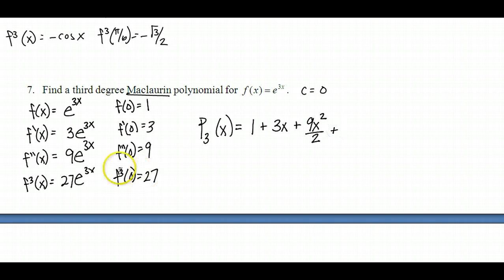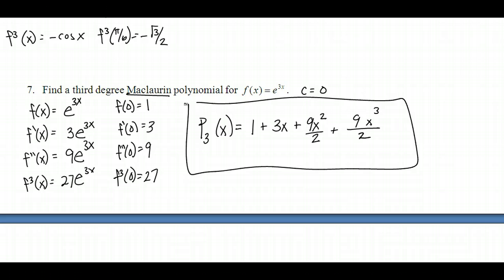My third degree will be with the third derivative, 27 x cubed divided by 3 factorial, which is 6, and that's kind of nice from there. So not too bad. I guess you should probably simplify that part of it. So if you have your 27/6, it's probably a lot better to write that as 9/2. That's not too bad to quickly change.